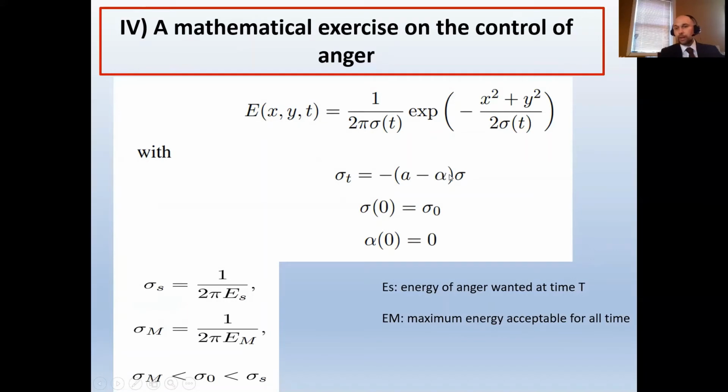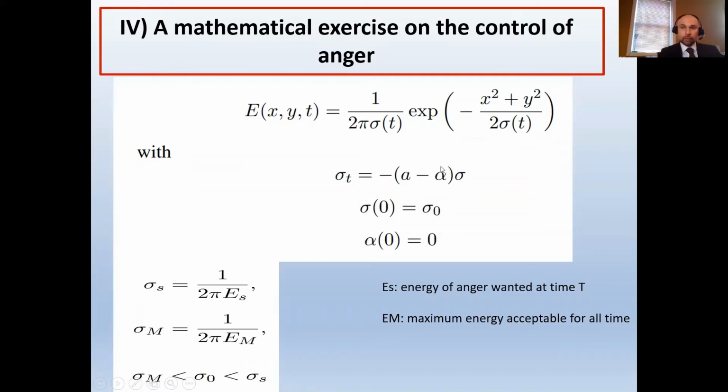If you take alpha equal to 0, the solution is just an exponential which decays towards 0. A is a given positive number. And I have an alpha. The alpha is my control.